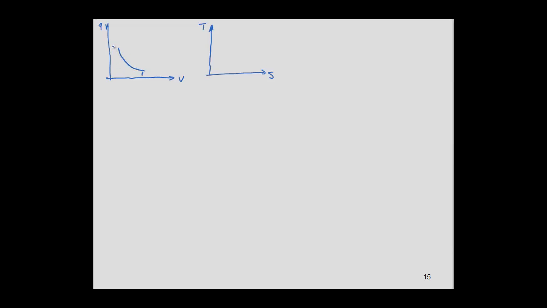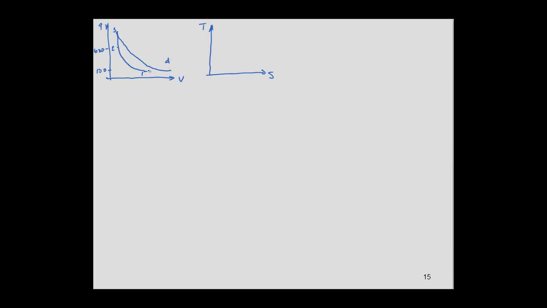It goes from 1 to 2. This pressure is 100. And this pressure is 600. Then we have a constant volume, so this is a vertical line. And then we have an isentropic expansion. This should be a curve, so I'm going to change this a little bit just to show that it is a curve.